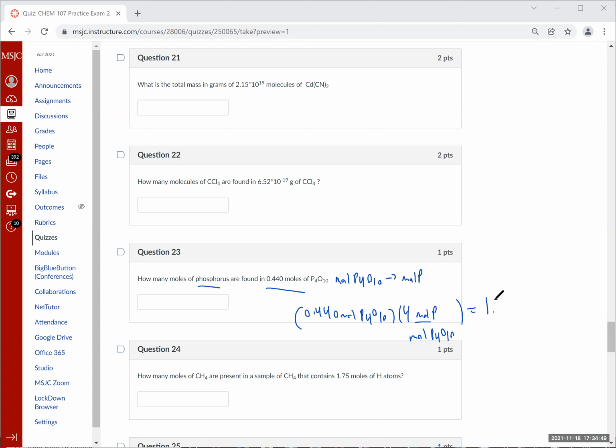And that gives us 1.76 moles of phosphorus. Does this make sense to everyone?